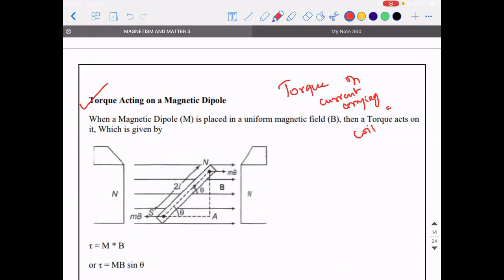Find it out somehow and tell me. What is the answer, guys? Torque acting on a current carrying coil.